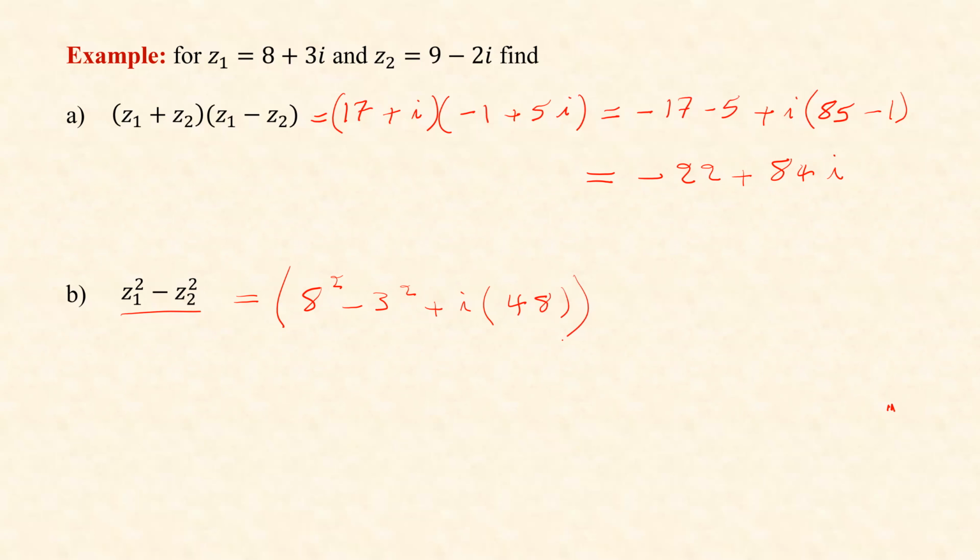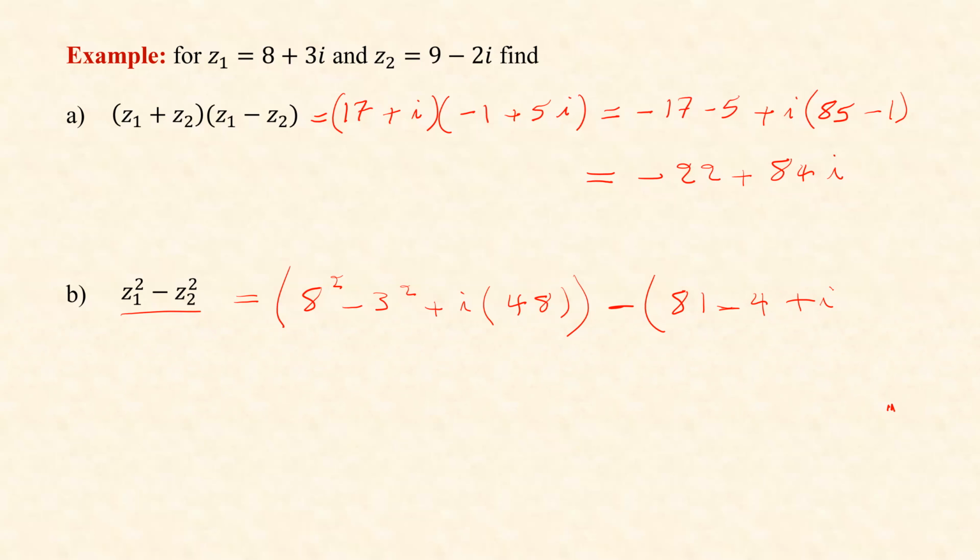Right? This is Z1 squared minus Z2 squared. Z2 squared will be 9 squared, 81, minus 2 squared, minus 4, and then plus I times 2 times 2 times 9.